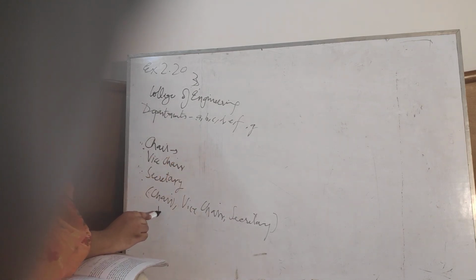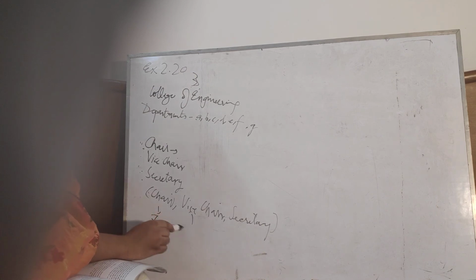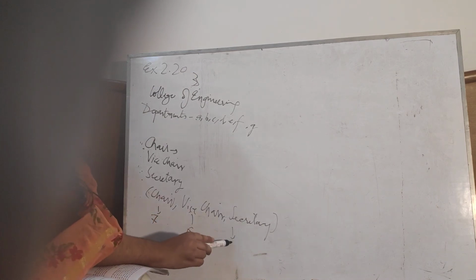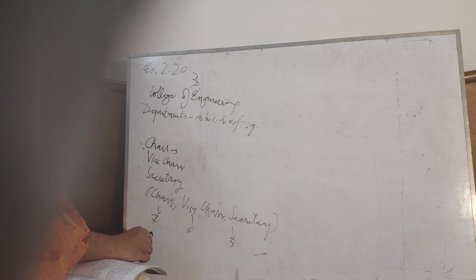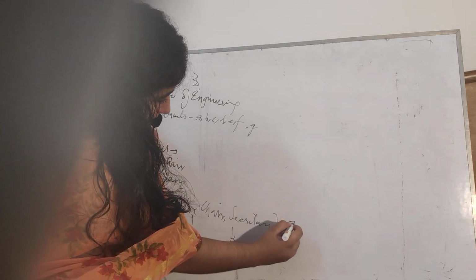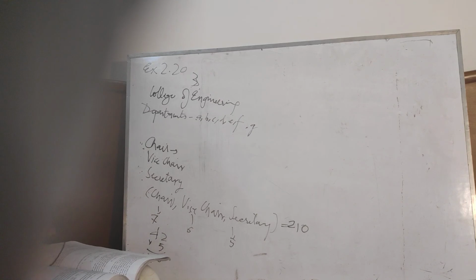So in the first you have 7 options, then 6 options, then 5 options. Then we have 42 into 5, so 210 3-tuples, possible ways to select these 3 officers.